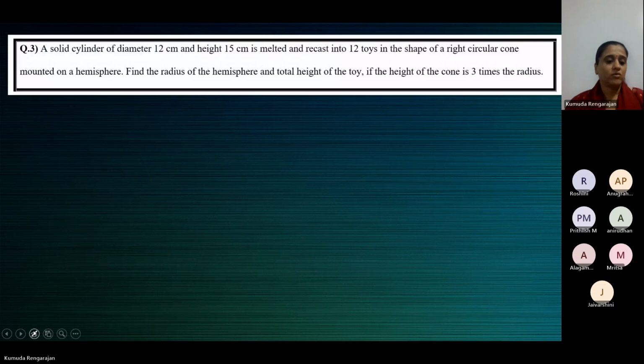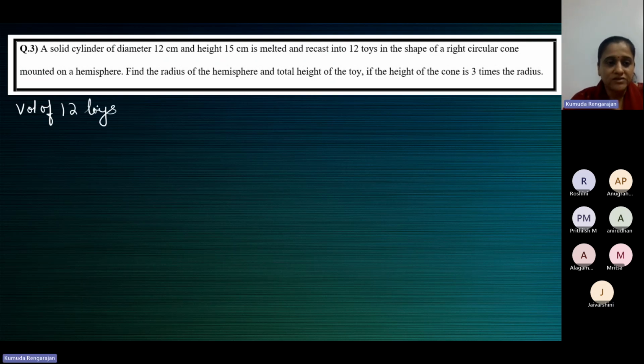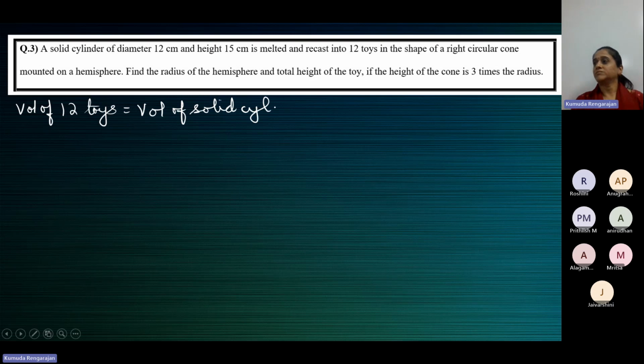See now, what is the equation in words? Volume of 12 toys is equal to volume of solid cylinder. Is this correct? That's all. When you read the question, what do you understand?